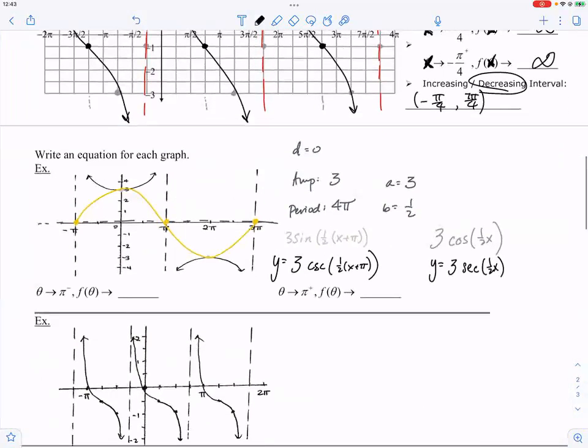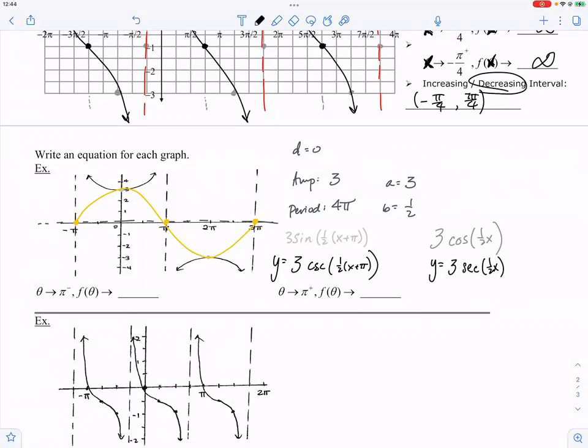Any questions about how to obtain these numbers, how to go from a given graph and draw the sine graph or cosine graph so that you can obtain all these features? You can still obtain the 4 pi otherwise, but for the amplitude 3, it's a lot better to draw the sine graph and cosine graph to get it in front of you.